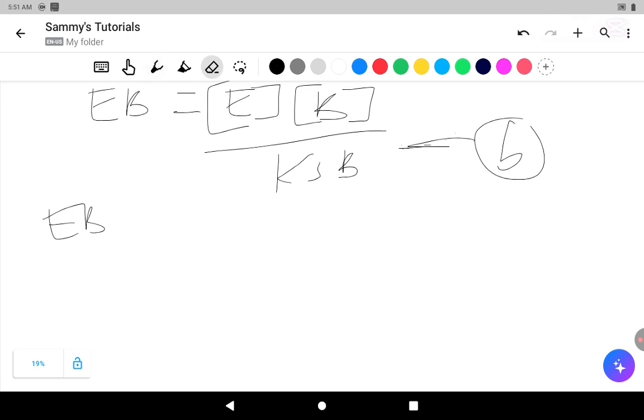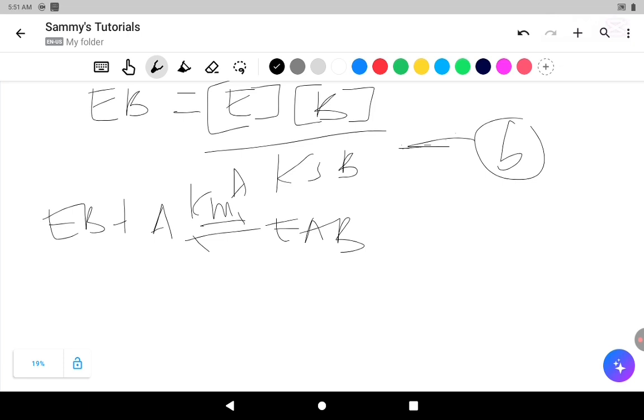Before you put this, you must put your A. EB plus A will give you EAB. The constant here is KMA.